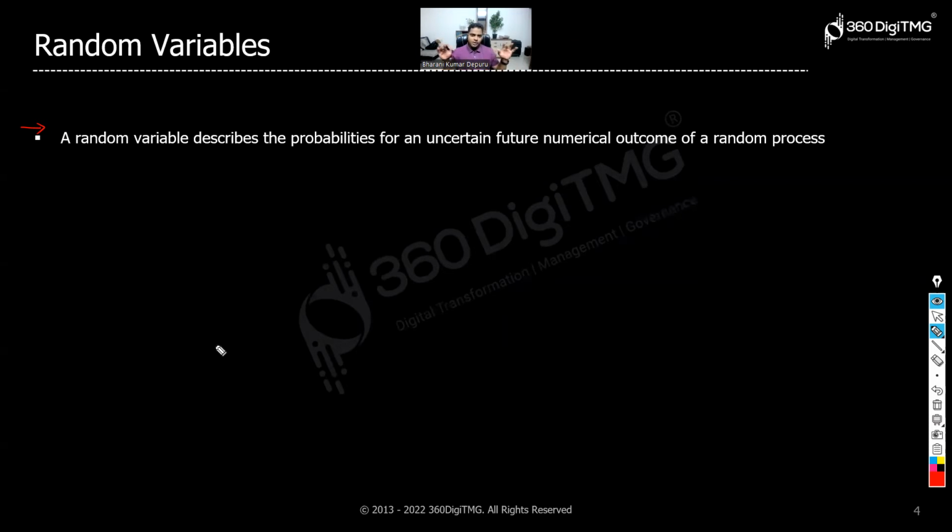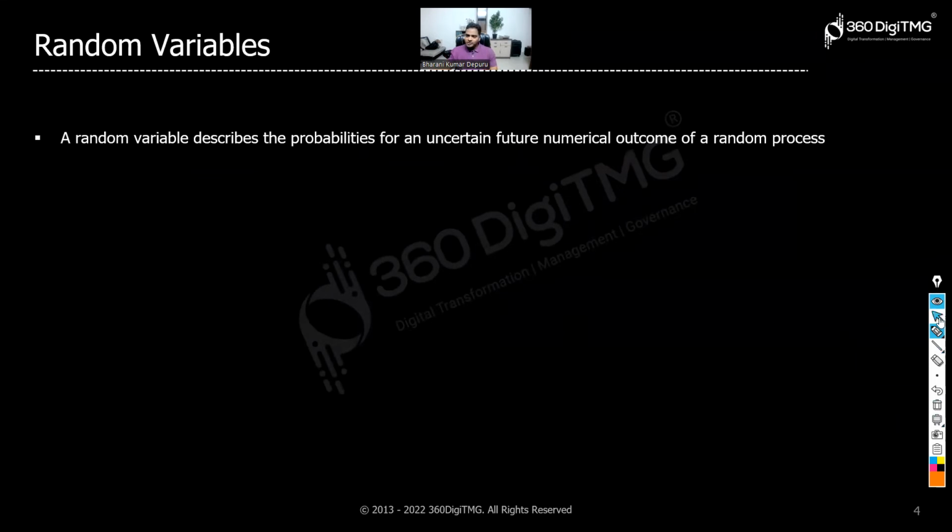I have a bunch of books, all licensed, all purchased, not downloaded from torrents. Everything has a license, and I'm going to give everything to you for free. Of course, I cannot reproduce, but I can probably share the licensed copies. But all you need to do is read this and explain it to me. What does it say? A random variable describes the probabilities for an uncertain future numerical outcome of a random process.